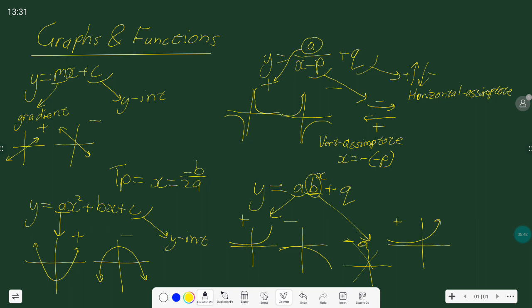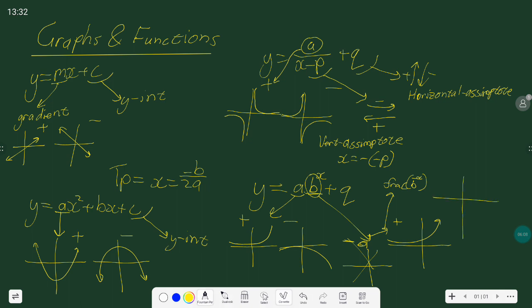But I get different b values. I get fractions. If it is a fraction, or if it's to the power of negative x, remember, if it's to the power of negative, it's the same thing as saying it's a fraction. What will happen to this graph?